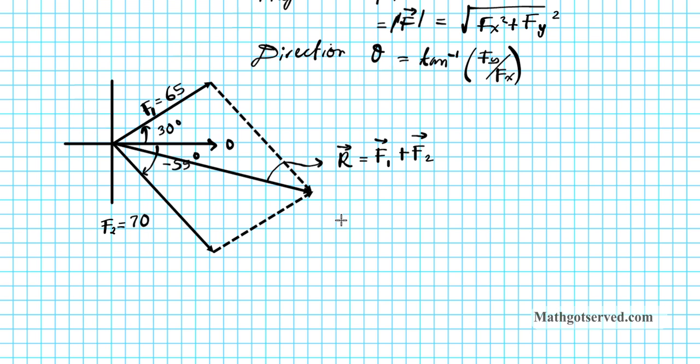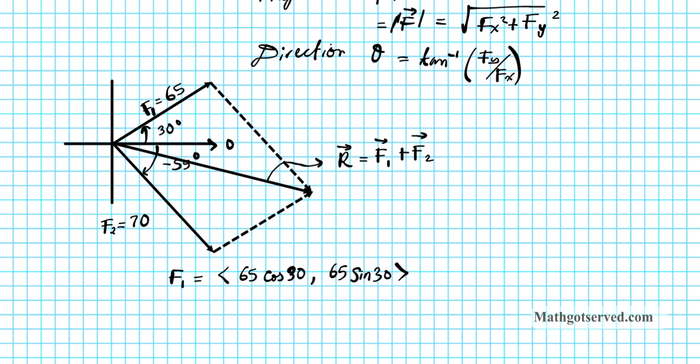And then F2 is equal to 70 cosine negative 55 for the x component, and 70 sine negative 55 for the y component. Let's write this in decimal form so it's easy for us to find the sum. Let's use our calculators to find out what these are.